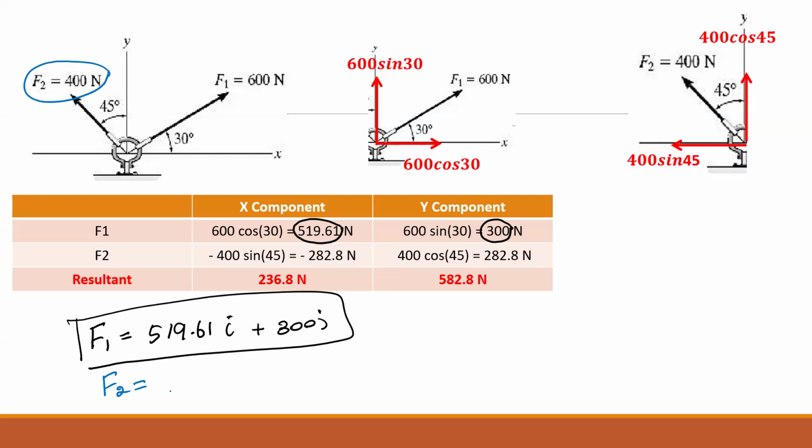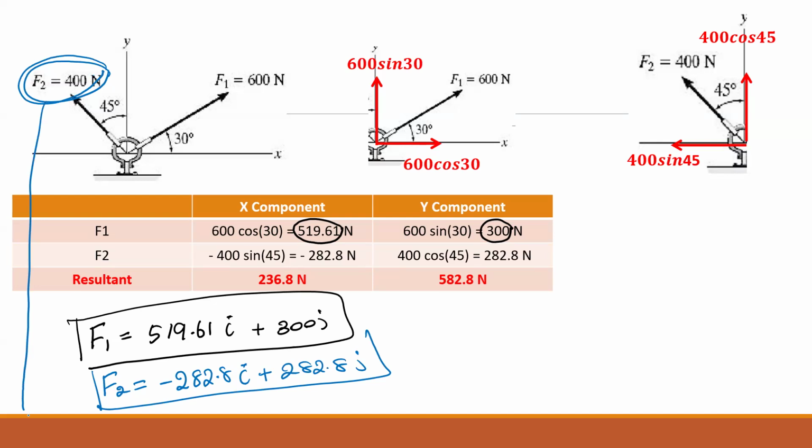So it'd be negative 282.8 i plus 282.8 j. Yes, that's right. So if we have to convert this 400 force to Cartesian form, some questions ask that, you just do this. If you want to convert this 600 into Cartesian form, you just do this.